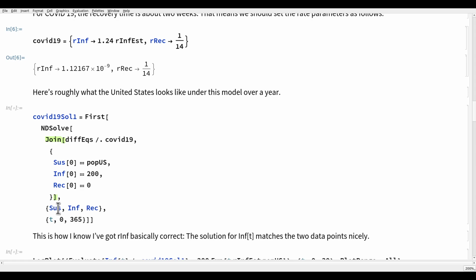NDSolve will give me a susceptible population, an infected population, and a recovered population, and I'm going to let it run for 1 year, so time goes from 0 days to 365 days. I've wrapped the whole thing in First because solve functions in Mathematica always return a list of possible solutions. For NDSolve, there's only ever one solution, but to be consistent with other solving tools in Mathematica, it does return a list of that one item, and so First just pulls out that one item.